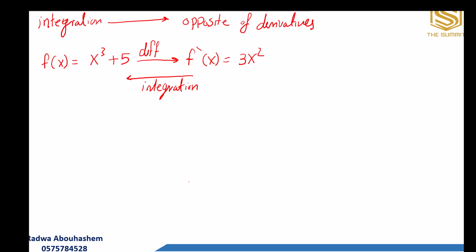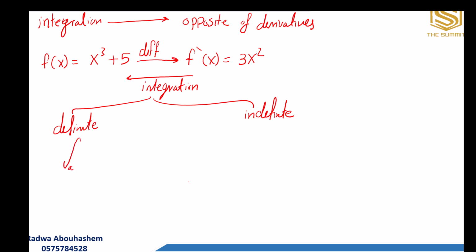But before we go for the basic rule, you have to know that we have two types of integration: definite integration and indefinite integration. Definite means that you are taking integration over an interval. Here's the symbol for it. And indefinite, here's the symbol for it.